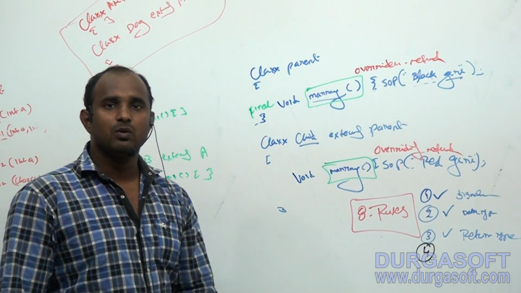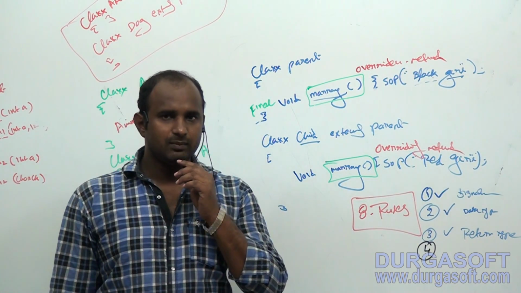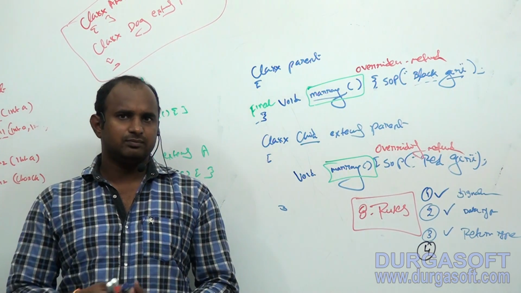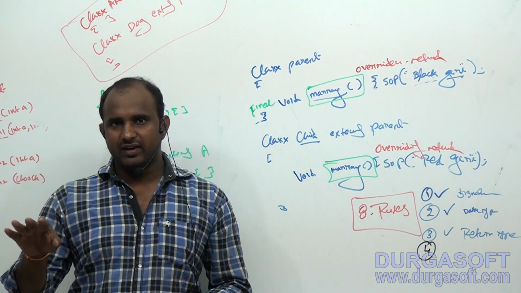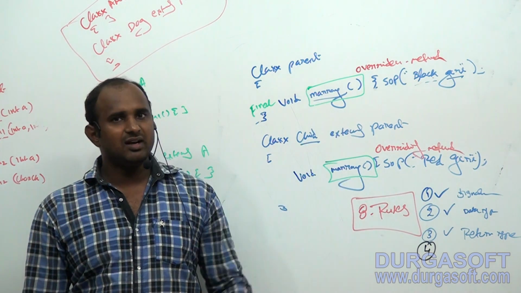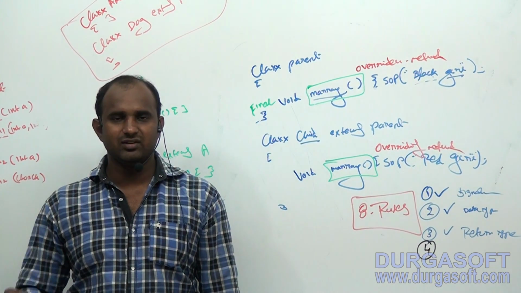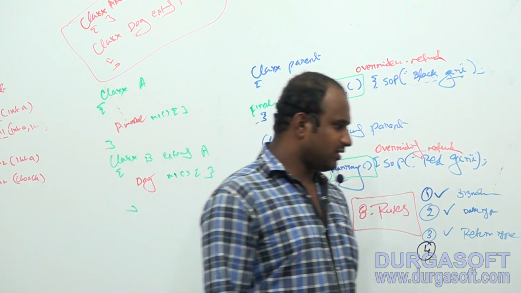In the inheritance concept you completed, it is not possible to extend final classes. If a class is declared as final, extension is not possible, inheritance is not possible. If a method is declared as final, overriding is not possible. I will write an example.